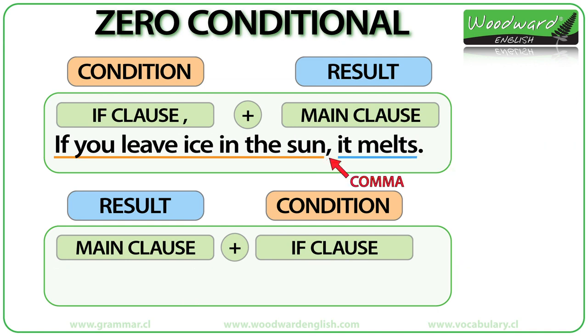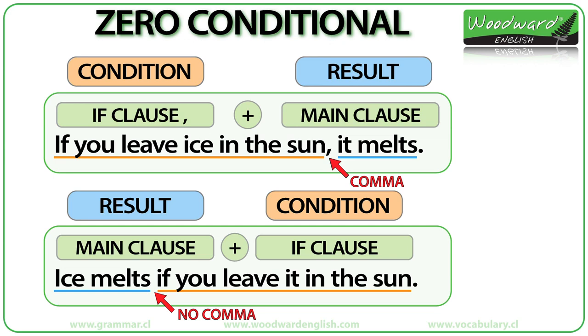Let's change the order of the example sentences we have already seen. If you leave ice in the sun, it melts. This becomes, ice melts if you leave it in the sun.